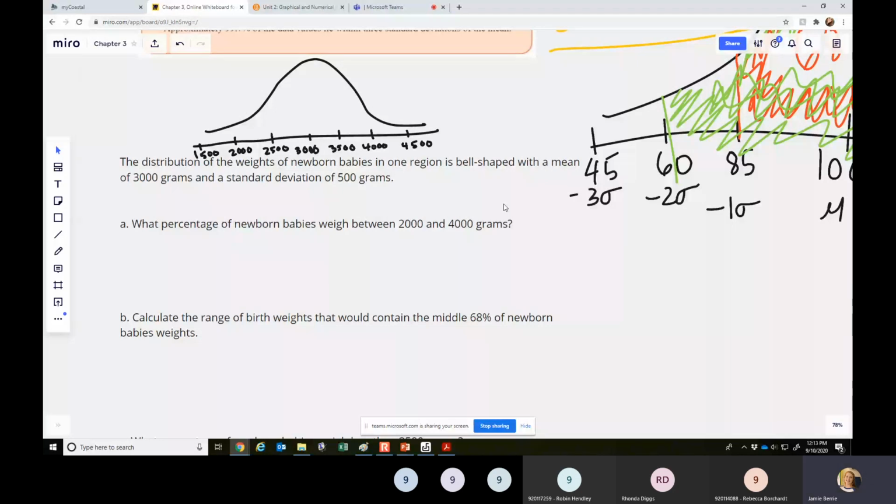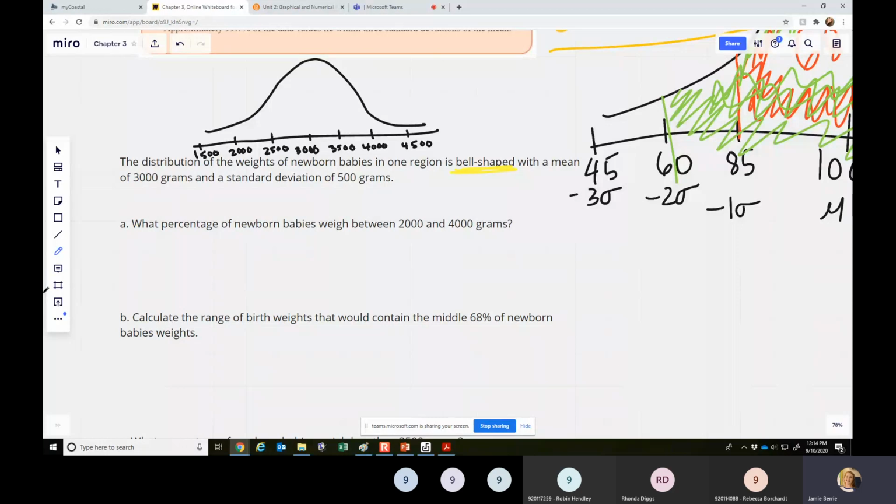It is also important to make sure it's clear that if we had not seen the part of the question where it says bell-shaped, we would not be able to use the empirical rule. The empirical rule is only for bell-shaped distributions. If it's not bell-shaped, that's when we have to use the next thing, which is Chebyshev's theorem.